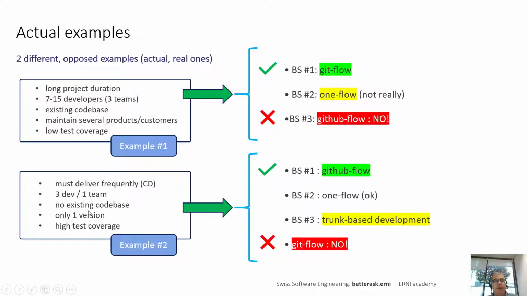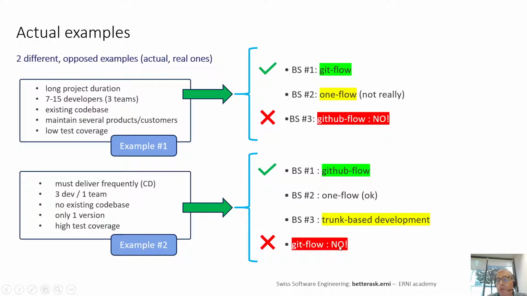In this other example, we have to deliver frequently with continuous deployment. We only have 3 developers in the same team. There's no existing code base. We only have to maintain 1 version in production, and we're supposed to have high test coverage. In this case, it's the other way around. The good one is GitHub Flow.